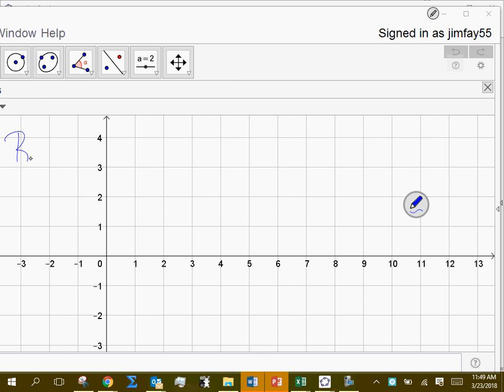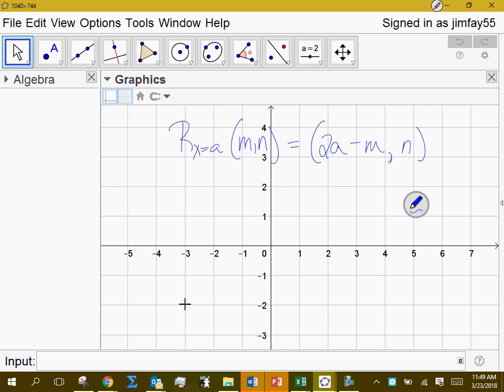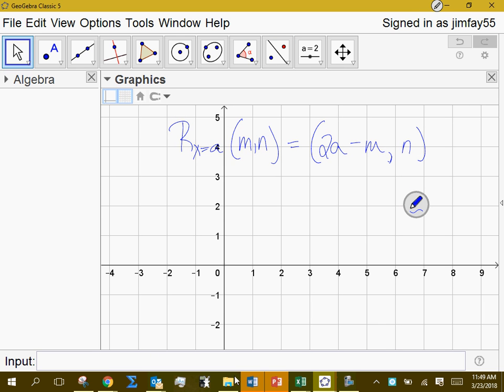We had R x equals a of what we call m, n was equal to 2a minus m, comma n. Let's just choose a specific point. Let's go, I don't know, 6, comma 1.